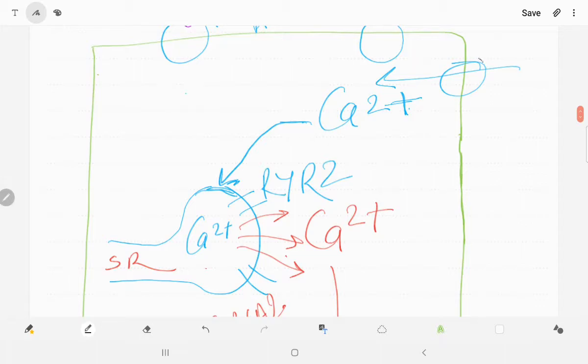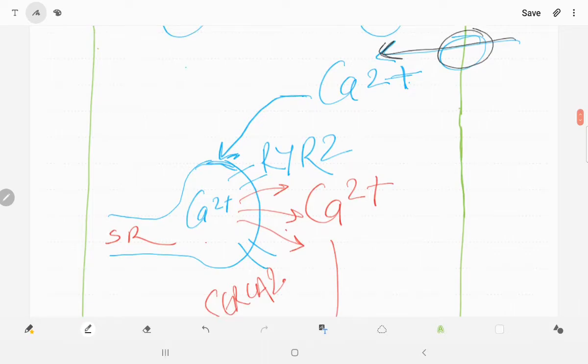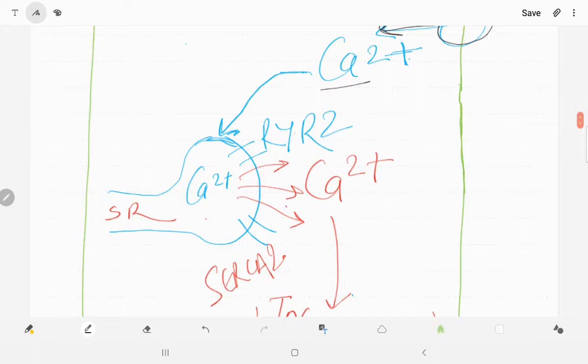So you can see these are our voltage gated calcium channels which open with depolarization and calcium enters this cardiac cell. So once this calcium enters this cardiac cell, it opens ryanodine calcium channels type 2, which is present in sarcoplasmic reticulum, which is storing calcium. So this will give calcium in cytosol.